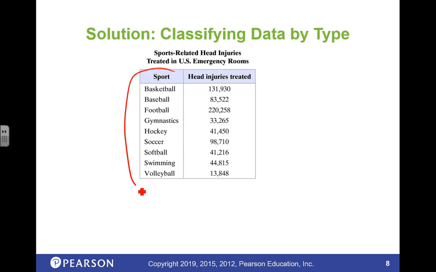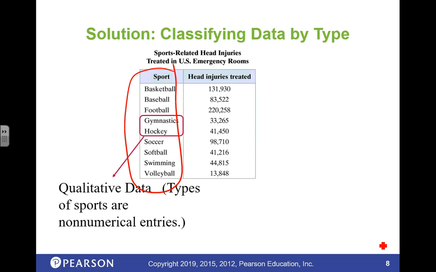So we have a category here. This is data. I might ask you, what sports have you played? You could give me any answer from this list, and those responses are non-numeric responses. So those are qualities, not quantities. For example, gymnastics and hockey, those are a type of sport.